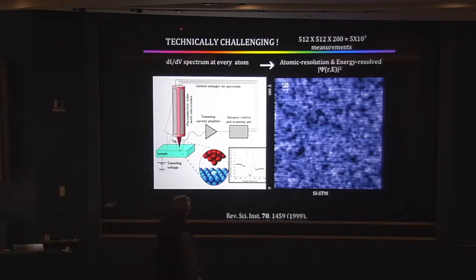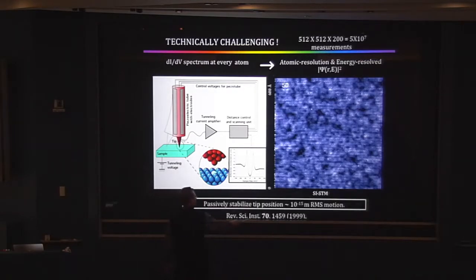So the main difficulty is that, I did the calculation in my naivete, to figure out how much random motion this tip could have and this still be possible. And the answer is the random motion of the tip relative to the surface at every atom.